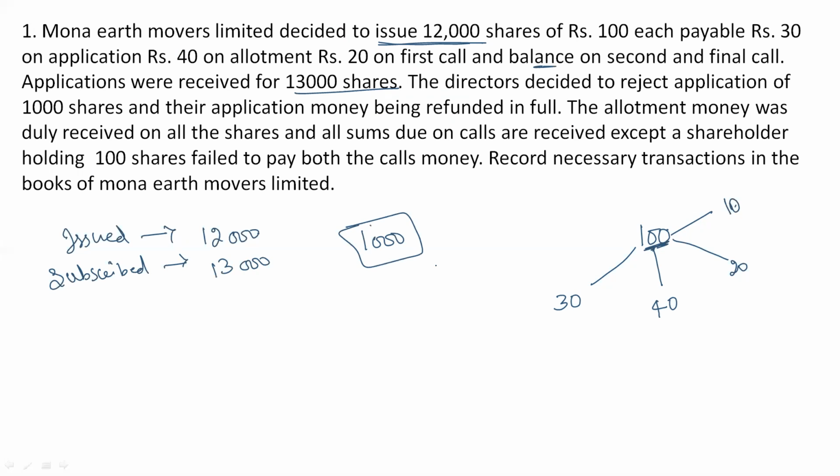So the company has two options. One option is to reject the extra shares. The company can totally reject these 1,000 extra shares and return their application amount. The company can reject these shares and refund the application amount of these extra shares to the public.